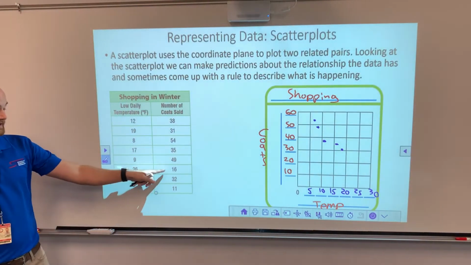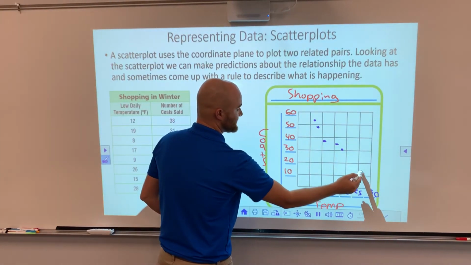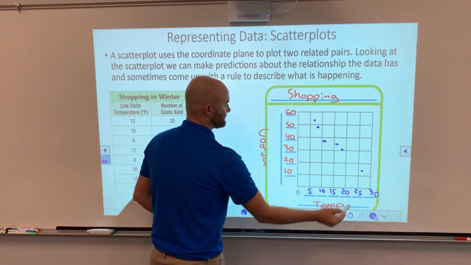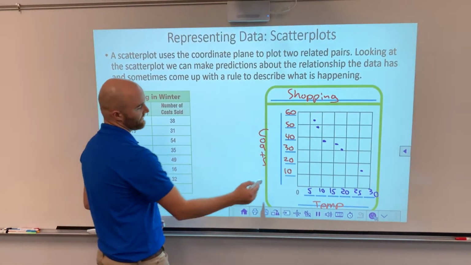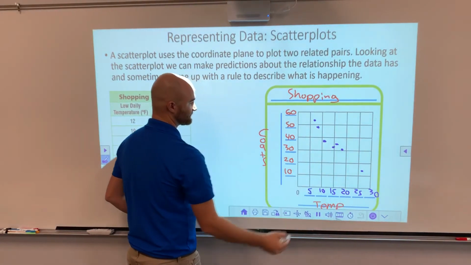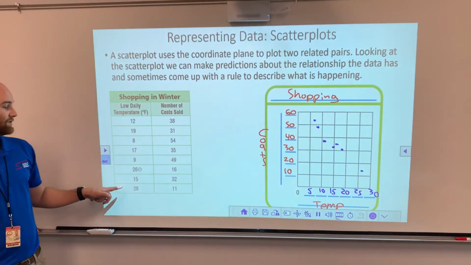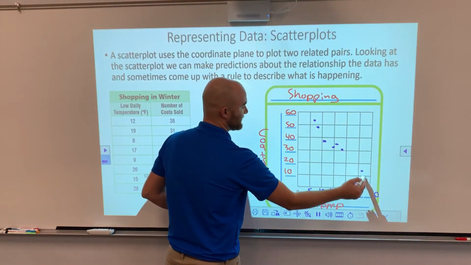I've got 26, 16. Come over 26, go up 16. I've got 15, 32. I'm going to come over 15, I'm going to come up 32. I've got 28, 11. I'm going to come over 28 and go up 11.